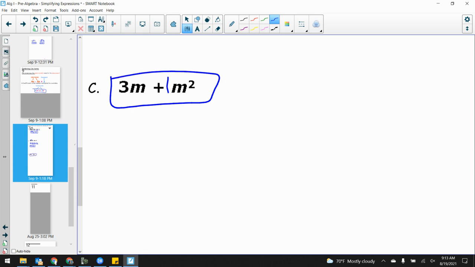Are there like terms to combine? No. But that's what I'm getting at here. The m squared and the m don't combine. I can't put those together. Can you just square 1m to get 2m? No, you can't change it. What you're thinking of is maybe when it's in an equation form and you can do things to both sides of the equation. But if there's no equal sign, there's no other side that you could also do that with.